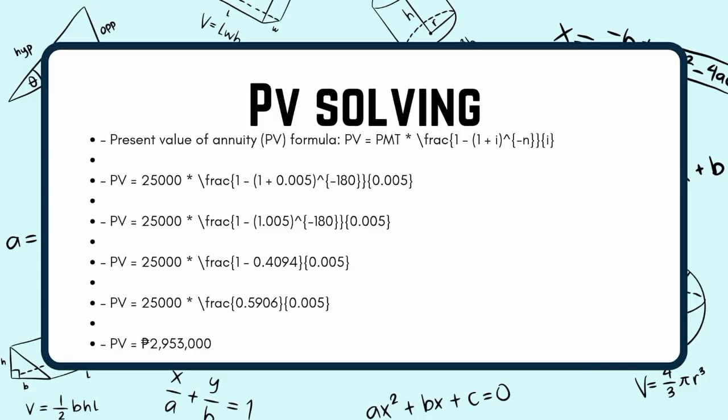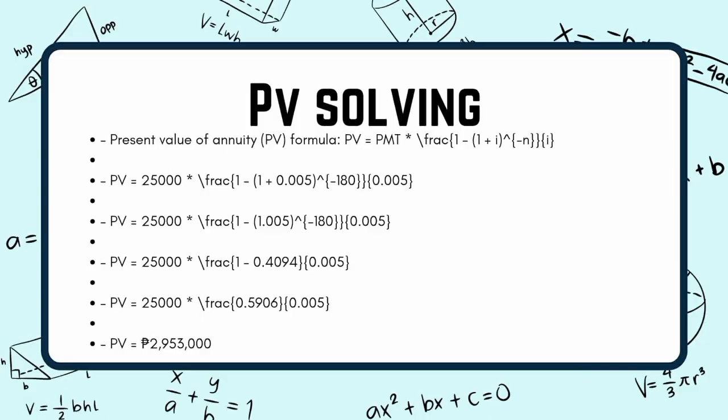So, we substitute the given values we obtained. After substituting everything, we solve. 25,000 times [1 minus (1.005) raised to the power of negative 180] over 0.005. The first step is to compute 1.005 raised to negative 180.